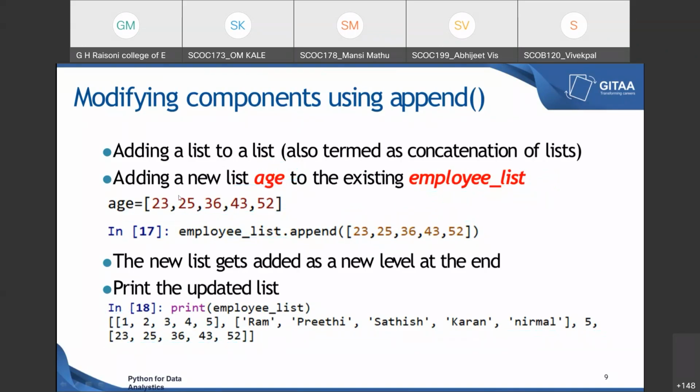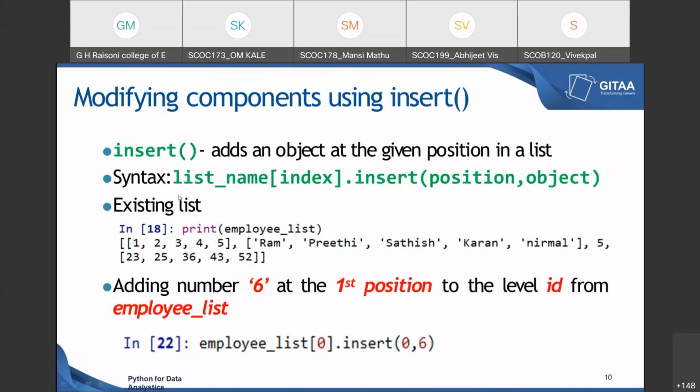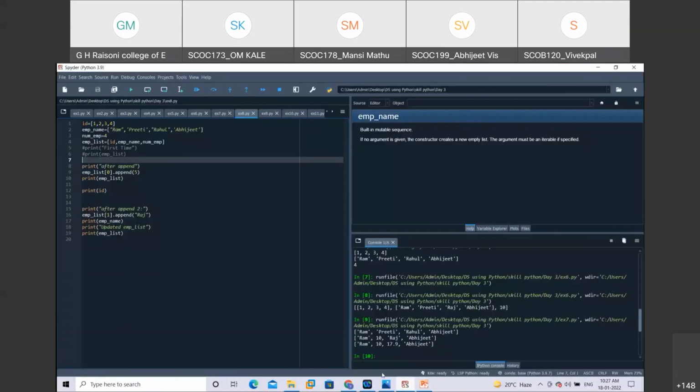Now, I will explain the same thing with the help of code first. Here, we have taken 3 employees. Students, first of all, see here, then I will give you time to take a screenshot.